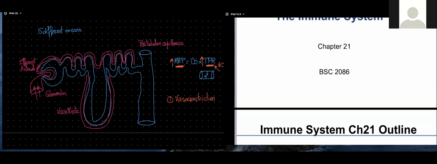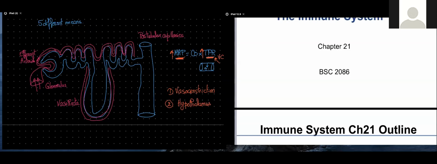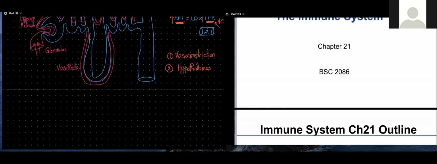The second action for angiotensin II will be by acting on the hypothalamus to do two things at the same time.